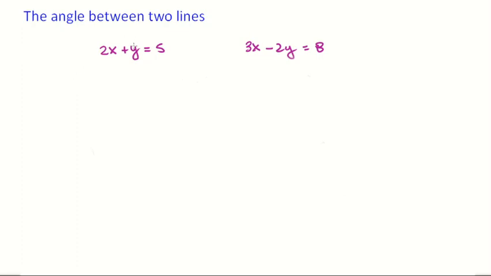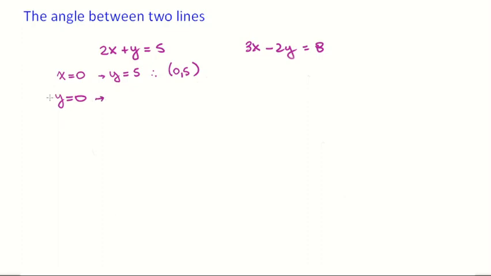So this first line, we could choose 2 points. I'll show you a better way, but for now, let's choose 2 points. Let's pick x equals 0, just because it's simple. When x is 0, y will be 5. So I can say for sure that the point (0, 5) is in that line.